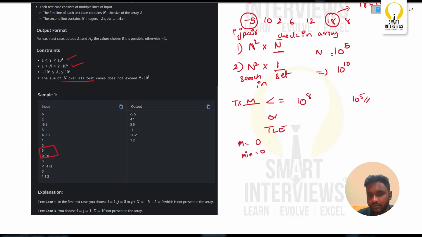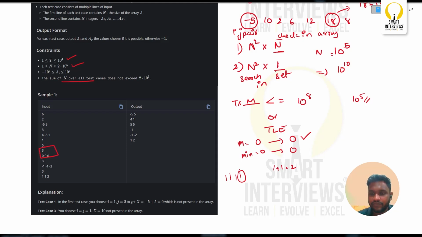So max plus max will be 0, or min plus min will also be 0. Other than this case, if you have all ones, the maximum will be 1, and 1 plus 1 will be 2. You won't find it.